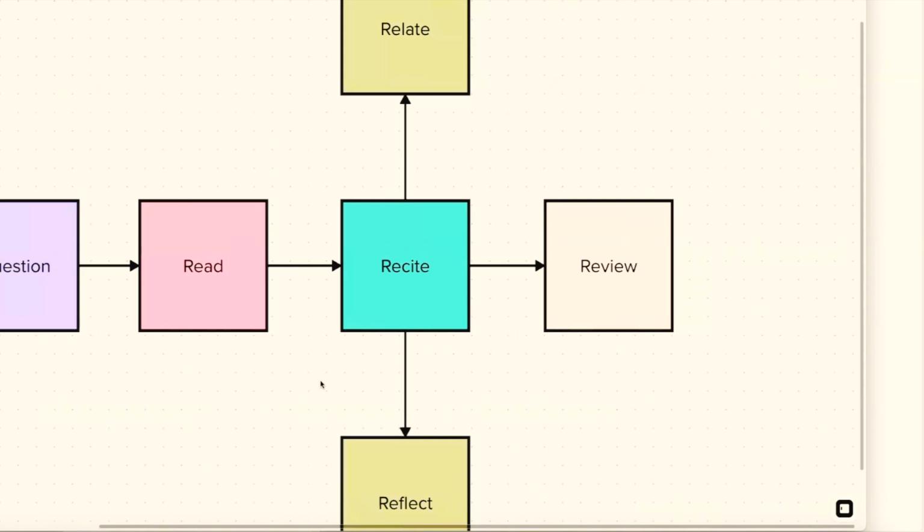In recite, you posed the questions, read to answer those questions, and now you have a fair understanding, and then you recite. Reciting means you are providing the explanation by yourself, with your mouth. Reciting means telling openly, outside.